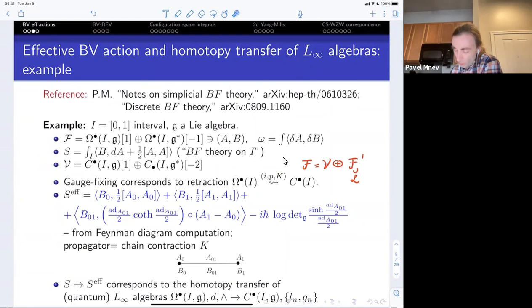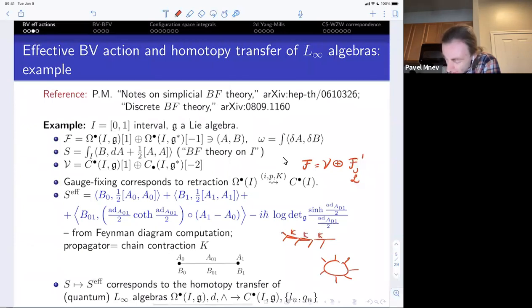Then one can just write down that fiber BV integral and compute it by the stationary phase formula with corrections given by Feynman diagrams. So it's ultimately a Feynman diagram computation, and a simple one at that. There will be diagrams like branches, and some diagrams which look like wheels, and that's it. And I should mention that the edges in these diagrams are decorated by the chain homotopy.